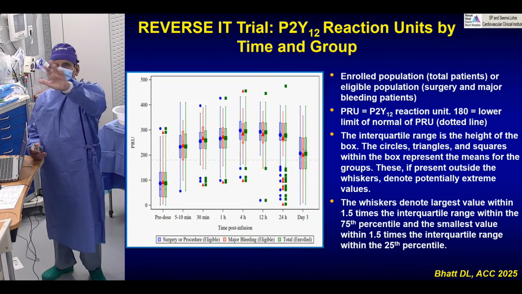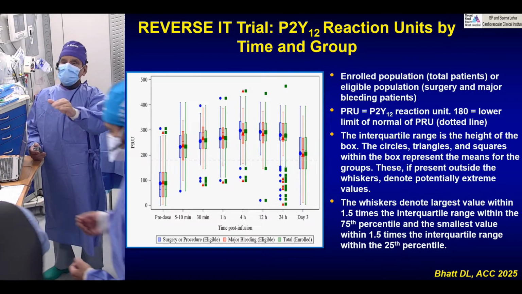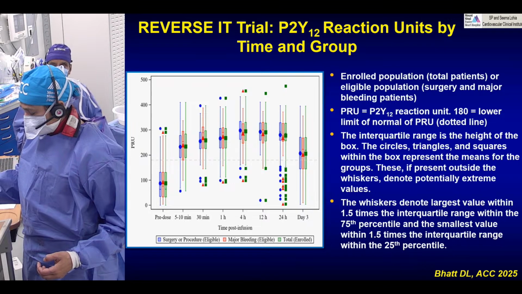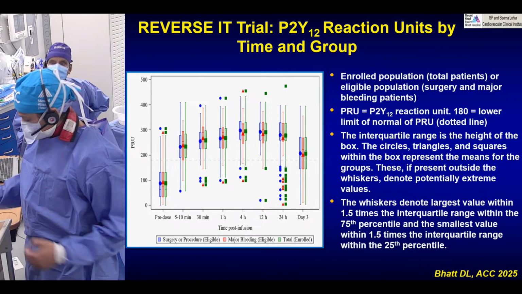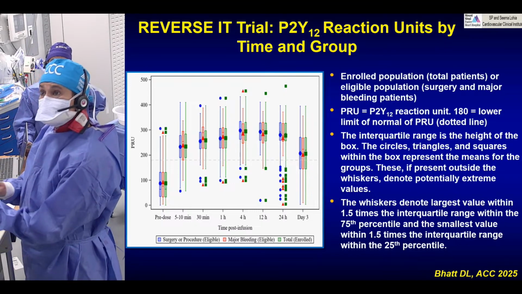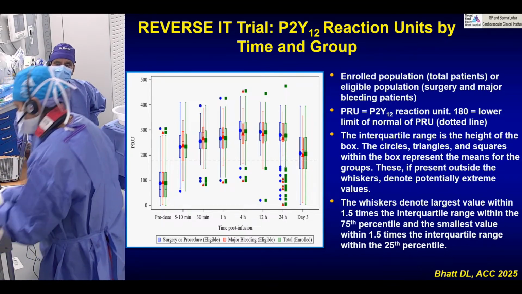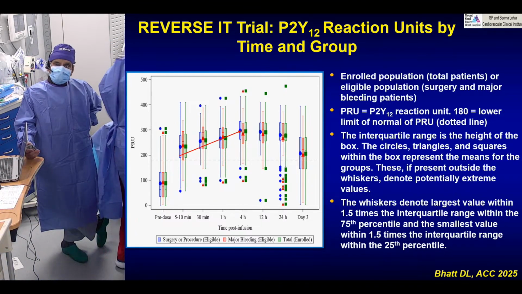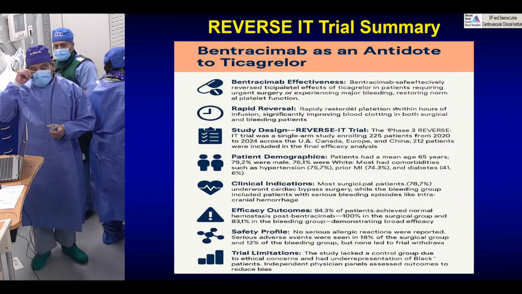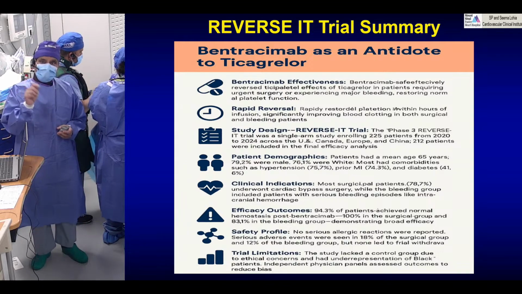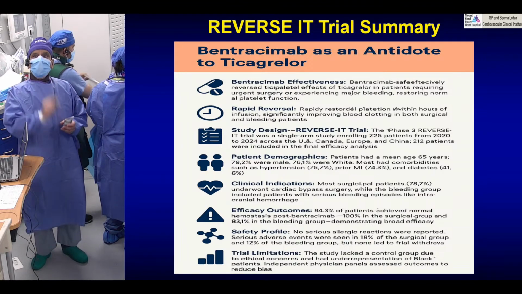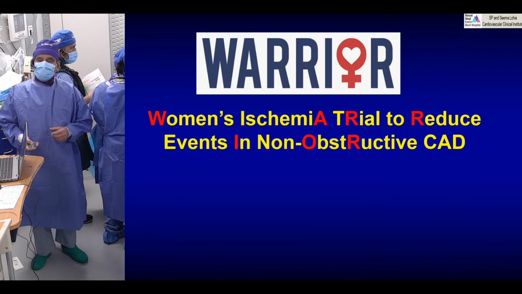Anything more than 180, the platelet inhibition is like gone, so you can see very rapid reversal of platelet inhibition. So it is a very effective drug that starts working within 10 minutes, and there is no safety concern; they put it together as a trial summary. So at least now, pending FDA approval, we will have an agent to reverse ticagrelor, an antidote. That's great news.